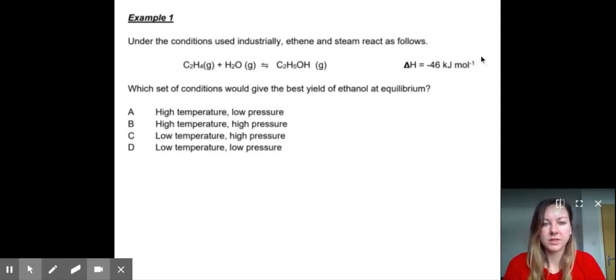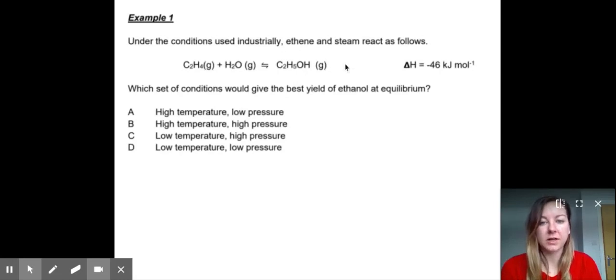So first of all, since it's kind of fresh in our mind, the forward reaction is an exothermic reaction, and that's the reaction we are wanting to happen because that's producing our ethanol. If it is an exothermic reaction, then lowering the temperature is going to be the best, because then the system is going to push the equilibrium in the direction of the exothermic reaction, and that's going to produce us more product.